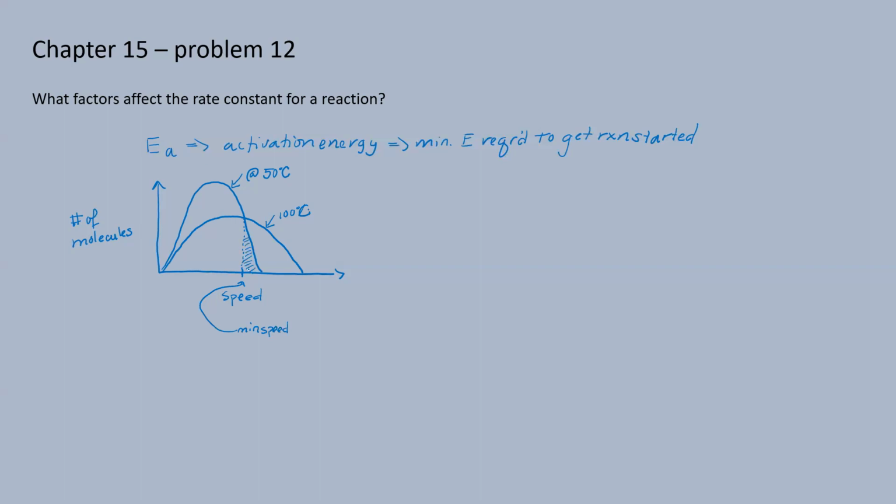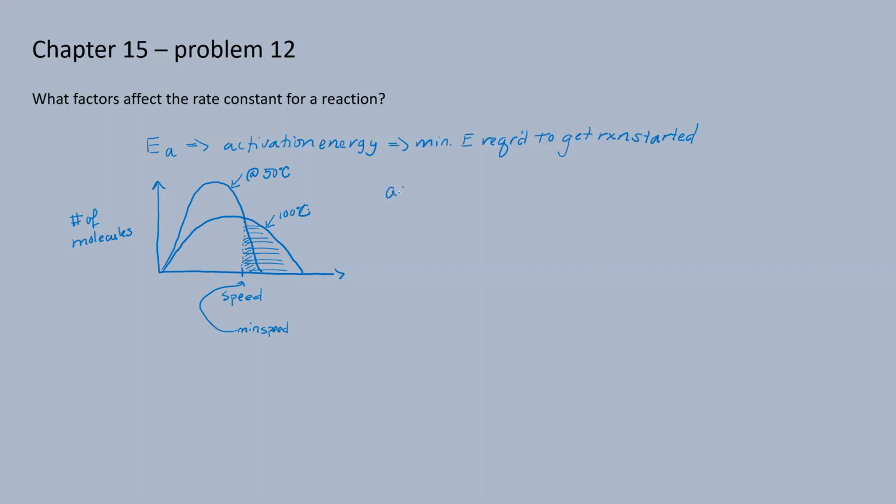So out of that entire curve, you only have that many molecules that are going that minimum speed. But if we look at the bell curve for the 100 degrees Celsius, we see we have all of these. So you have a larger fraction that are going that minimum speed.